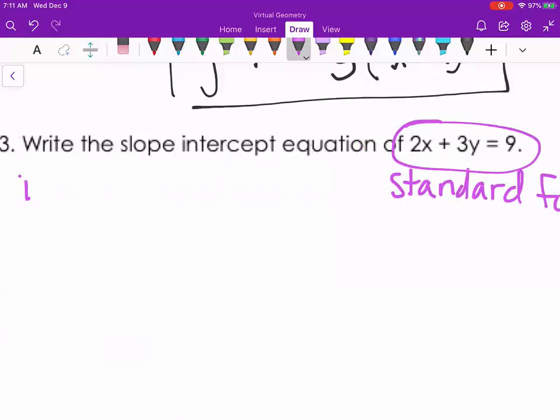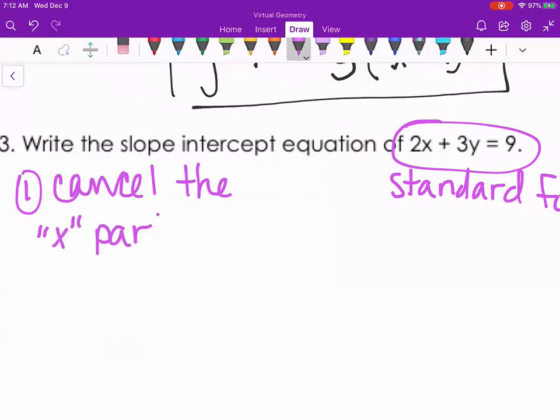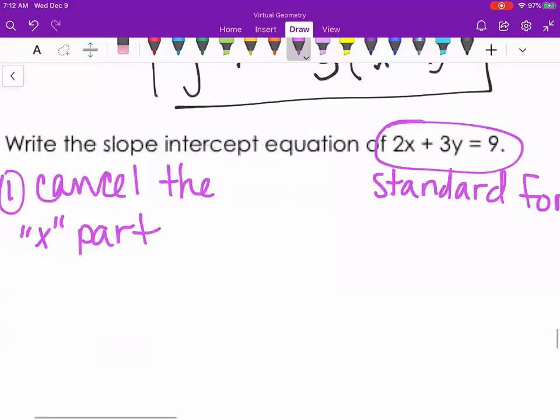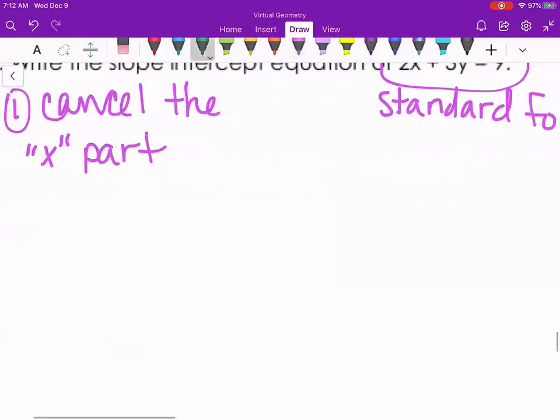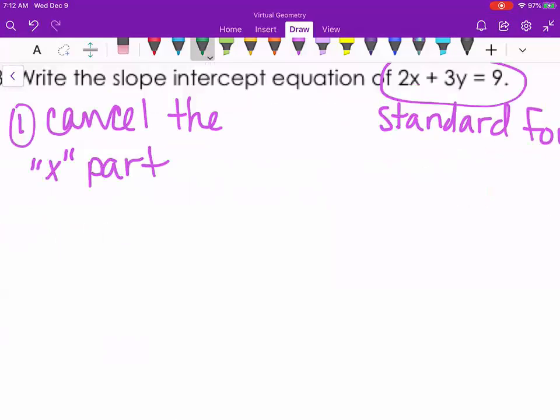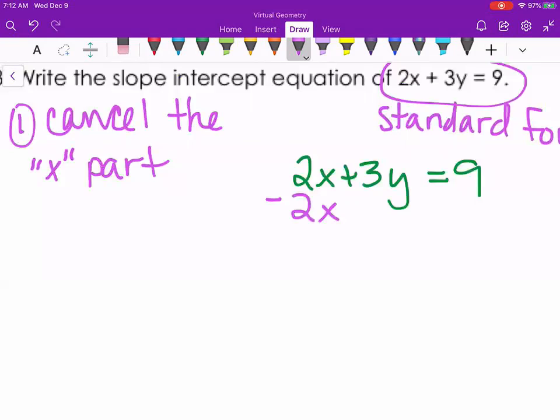Step 1, cancel the x part. So if I have 2x plus 3y equals 9, I'm going to cancel out my x part, subtract it over.